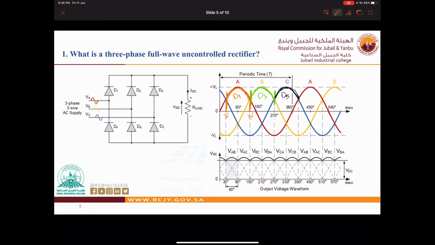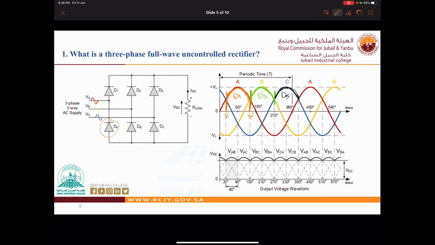Now please identify in the waveform where VA is less than VB and VC, and we can decide. When VA is less than VB and VC, D4 is going to conduct.